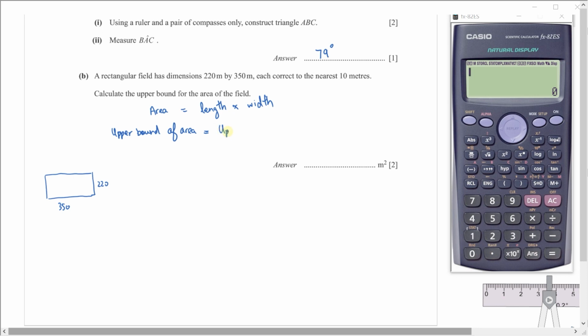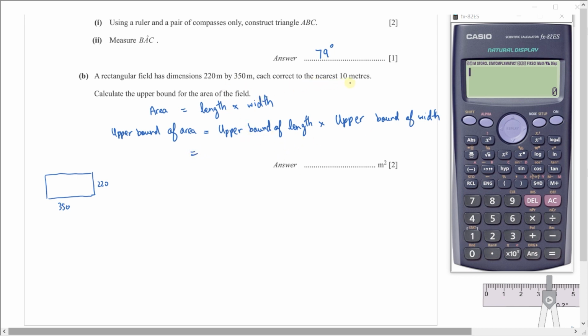So you will have upper bound of length multiplied by the upper bound of width. So now we need to calculate the upper bound of length and width.